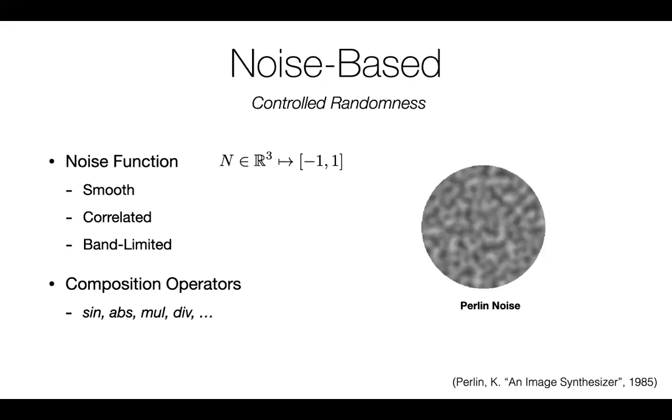And this is what the Perlin noise looks like. Associated with this, it has composition operators like sine, multiplication, division, absolute value. And when you combine this noise function with the composition operators in the right way, we generate the appearance of natural phenomena.